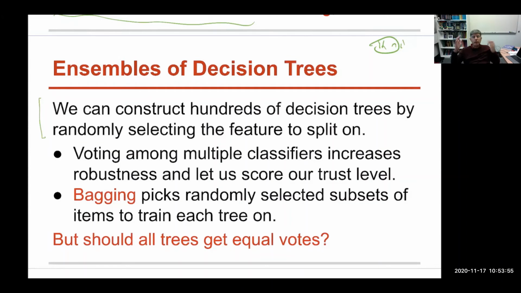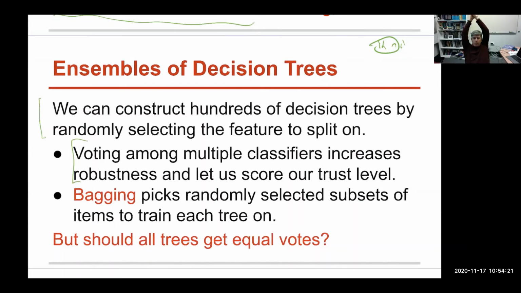When we end up with a different root, we're going to end up with a different tree. And again, the idea of using an ensemble of decision trees is that if we can construct multiple decision trees, maybe we throw out the ones that don't do good jobs, but still, we're going to end up with a large number of different trees.